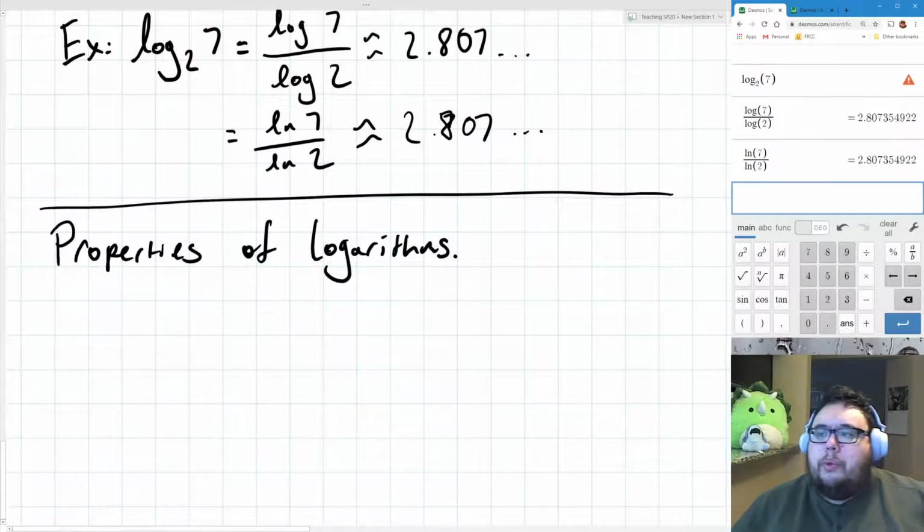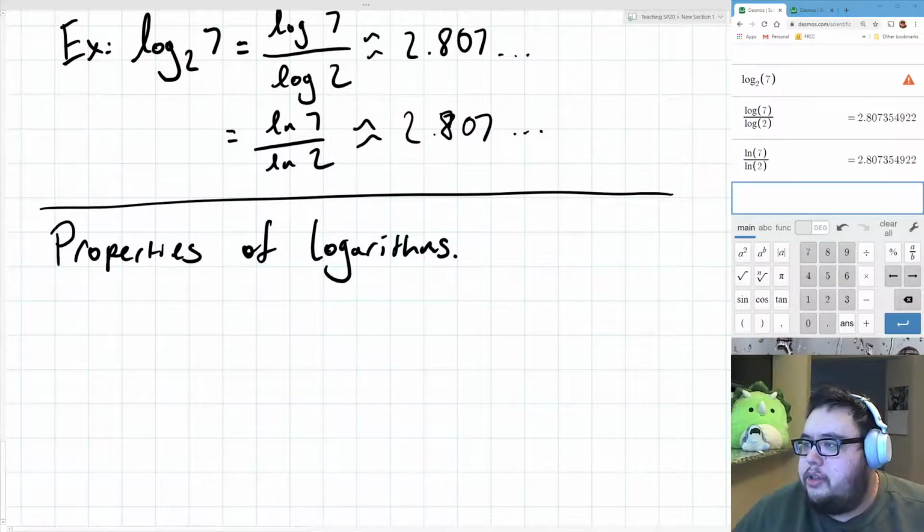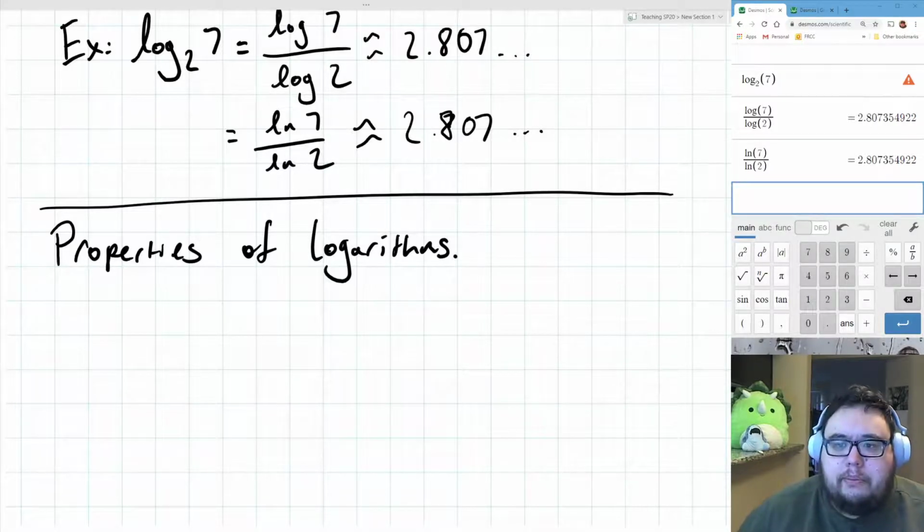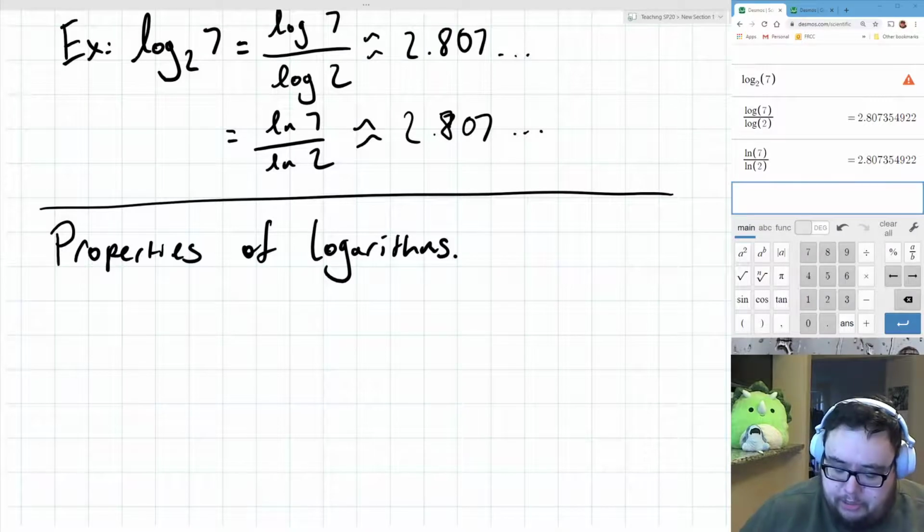So when we talked about exponential functions, we had a handful of properties. In particular, we had a product, quotient, and power property. And logarithms have related and similar product, quotient, and power properties.